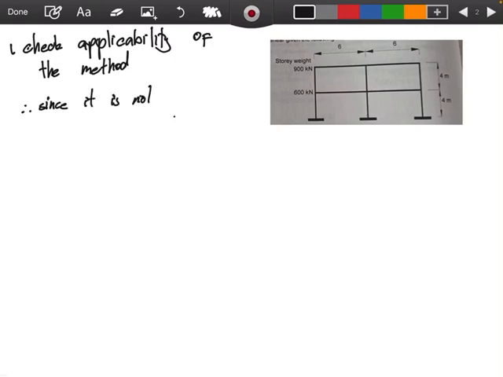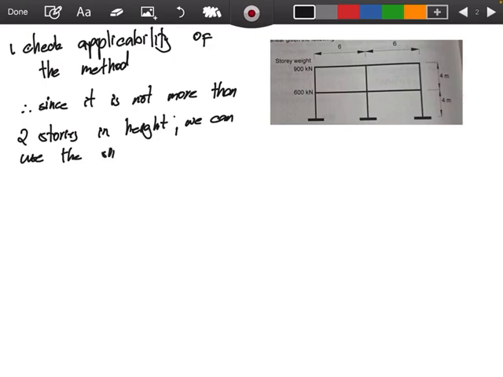Since it's not more than 2 stories in height, excluding basement, and it doesn't have a basement, we can use the simplified method.